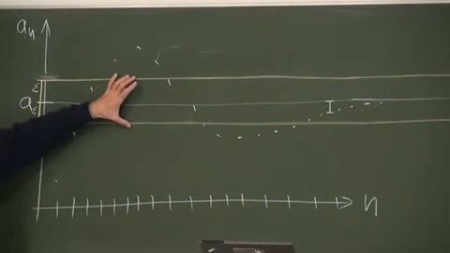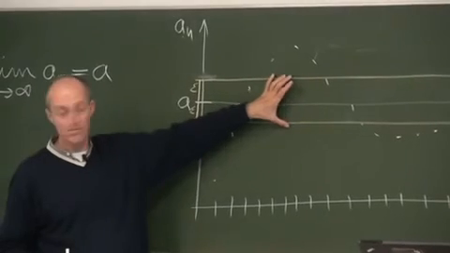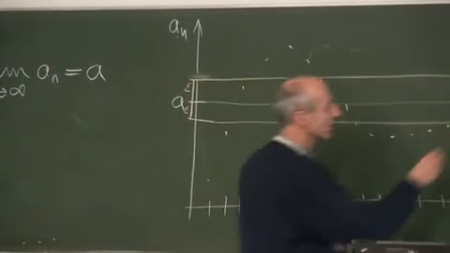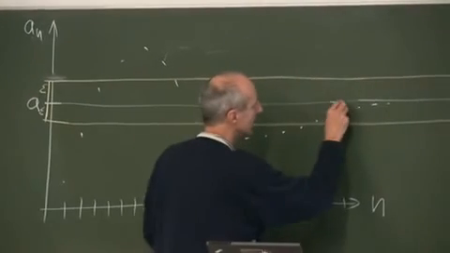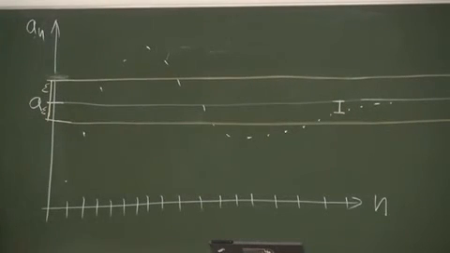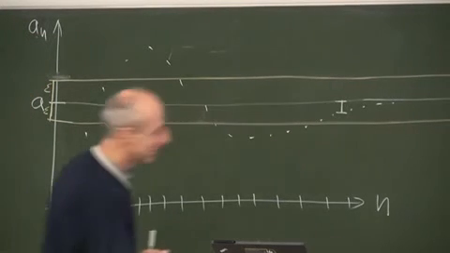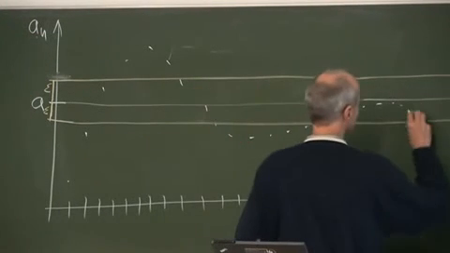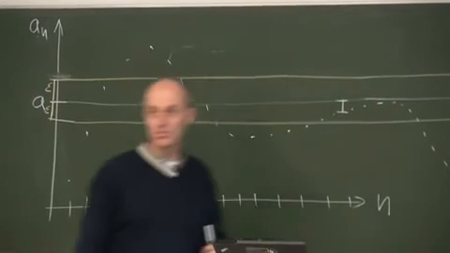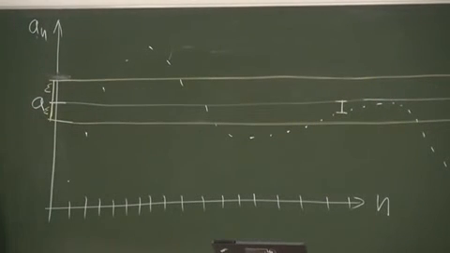The width here is 2 epsilon. And you see this guy here is inside the ribbon, and that's why our sequence converges. Oh no! What if these guys go out of the ribbon down there? Then of course it does not converge.